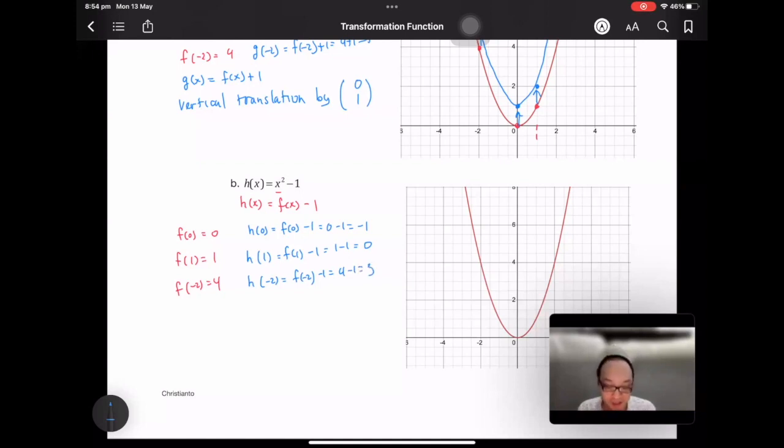So if you draw, h(0) will be negative 1, so it's here. h(1) will be 0, so here. h(negative 2) will be equal to 3, so it's here. So I can draw this.